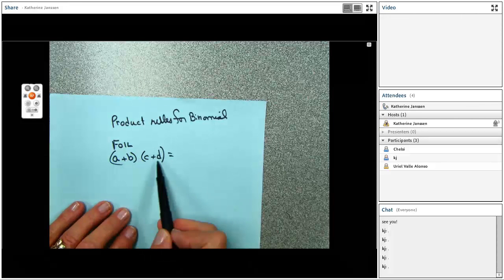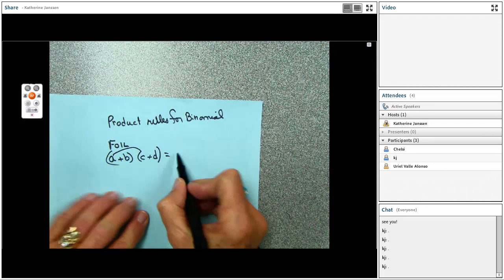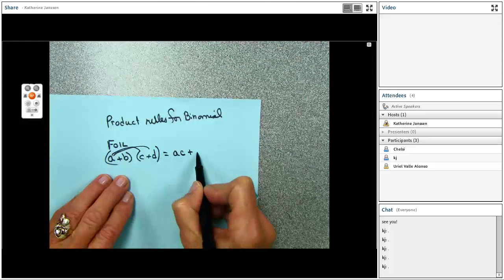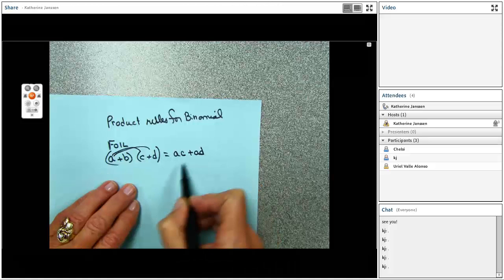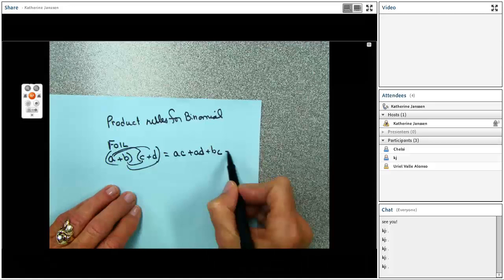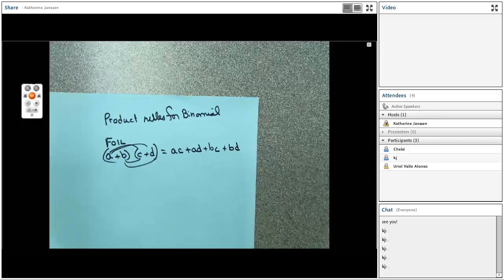There's no indication that they are like terms. And FOIL, our first two terms, the AC, our outer terms, our inner terms, and our last terms. And then just collect like terms if you can. So that's our pattern established for using FOIL.